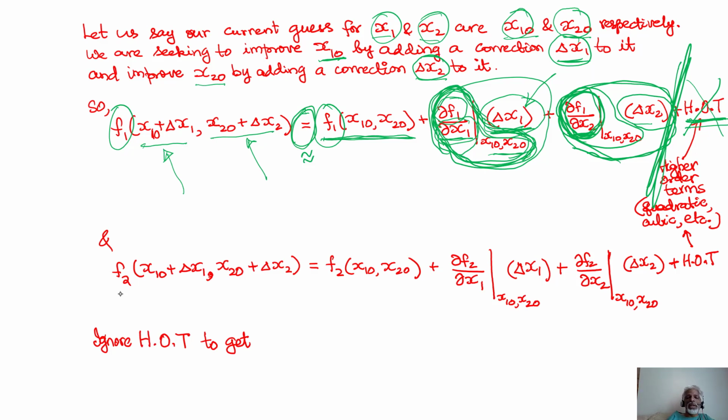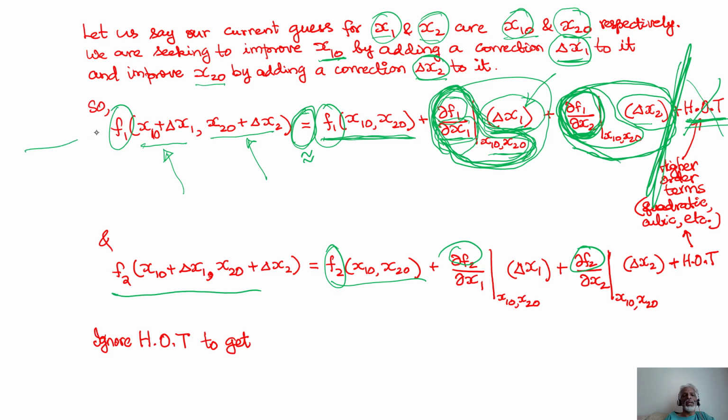Again, if you do the similar thing for f2, what's the value of the function f2 at x1 naught plus delta x1, x2 naught plus delta x2? I'm going to get a similar expression now, but everything will involve f2, as opposed to f1, which we did for function 1. That's very understandable.